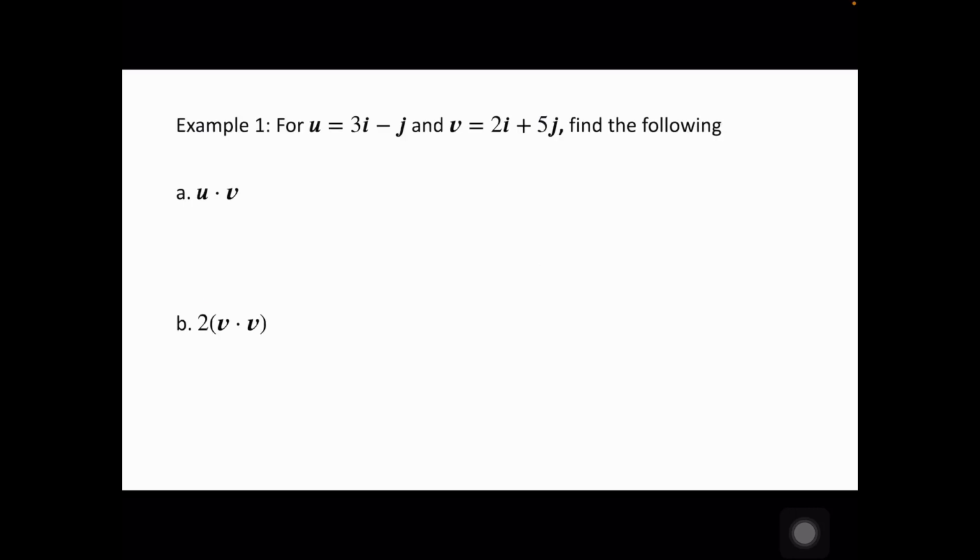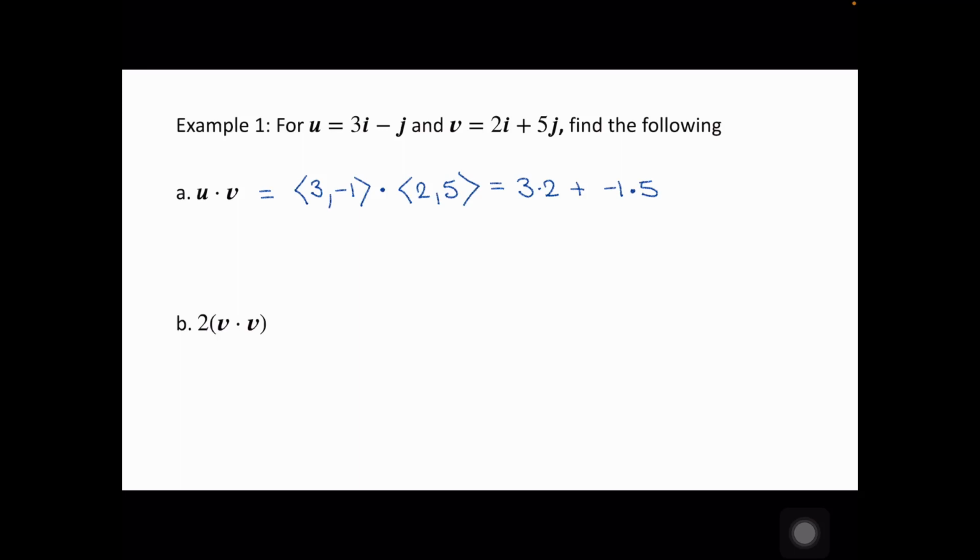So here's my first example. I have two vectors. Vector u is 3i minus j, and vector v is 2i plus 5j. We're going to find u dot v. Let's do that first. To find my dot product, I'm going to take my vectors, 3, negative 1, and 2, 5, and I multiply the corresponding components together.